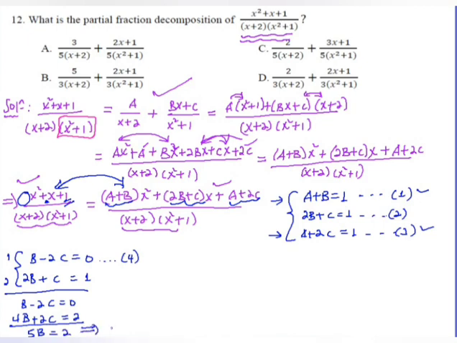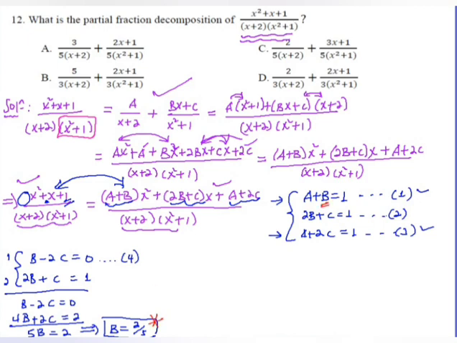Dividing both sides by 5, b is 2 over 5. So here we have b equal to 2 over 5.